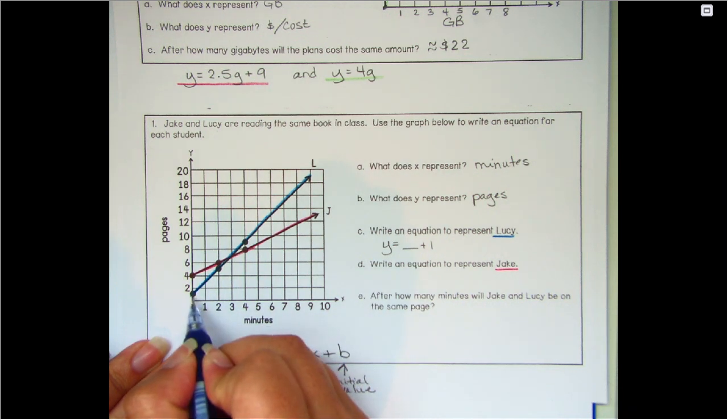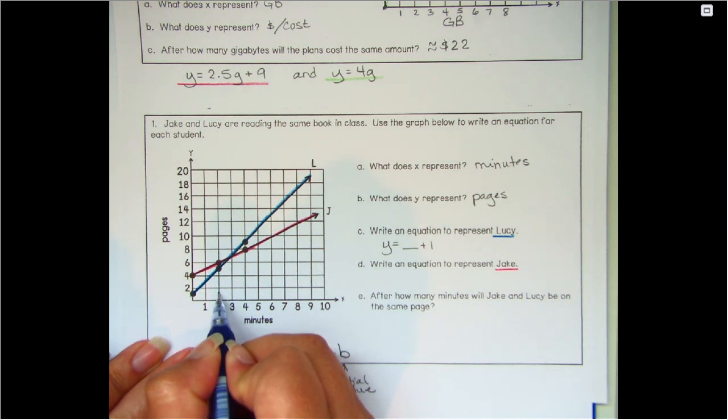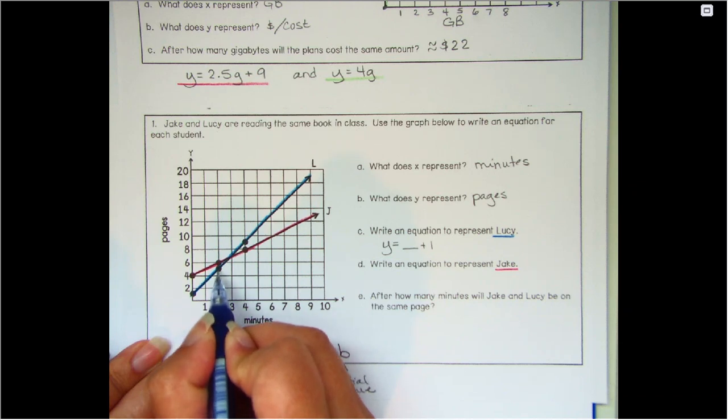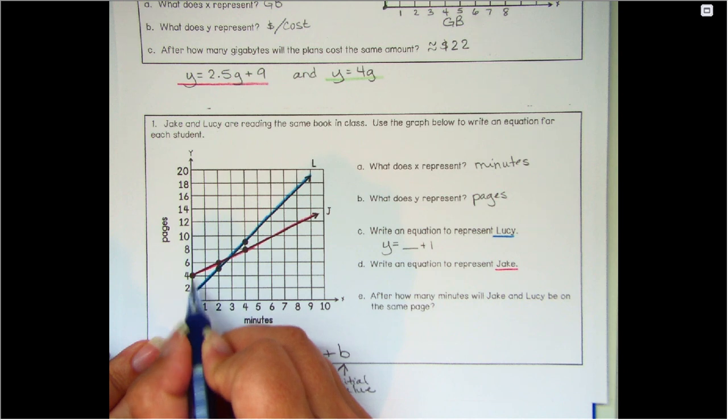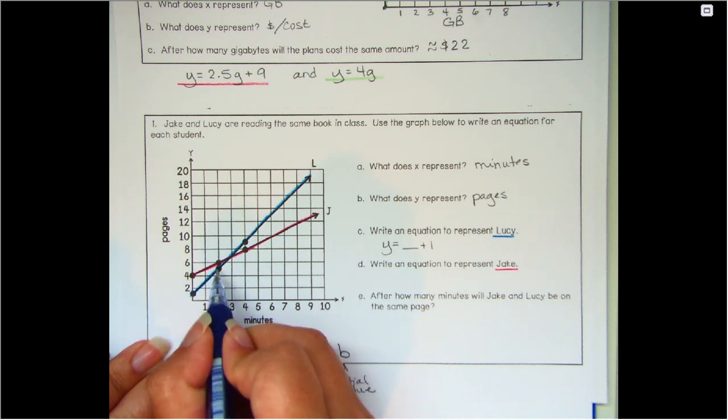Here she moved over 2 and went up from 1 to 5, so rise 5 over 2.